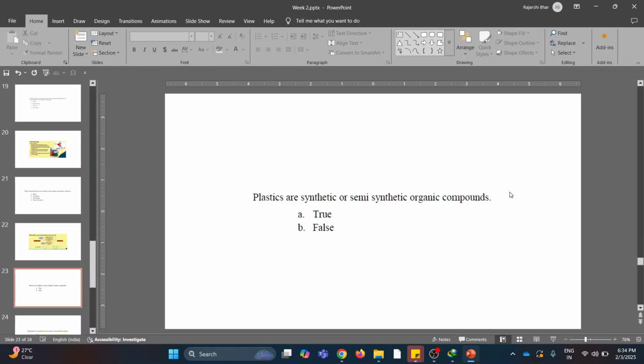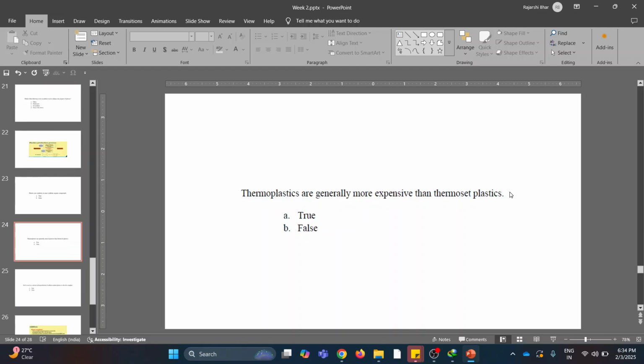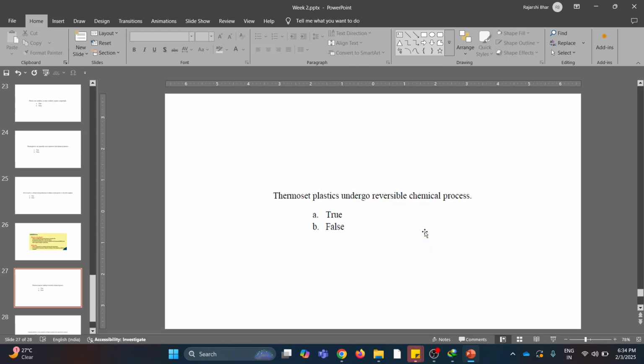Then, plastics are synthetic or semi-synthetic organic compounds. True. Thermoplastics are generally more expensive than thermoset. Again, true. And then H2O is used as solvent in the production of cellulose nitrate plastics to dissolve camphor. False. After that, thermoplastics undergo reversible chemical process. False again.